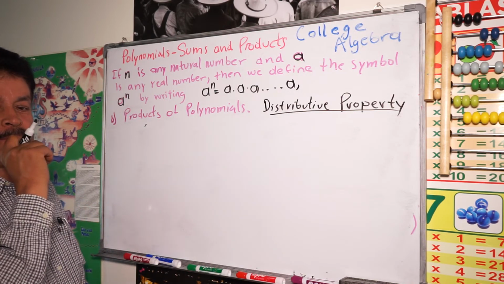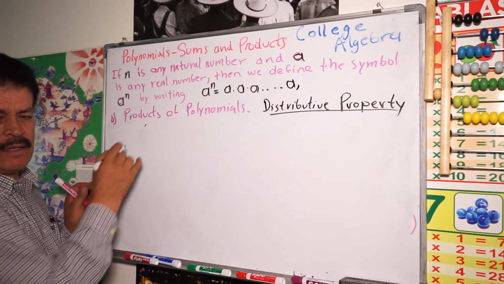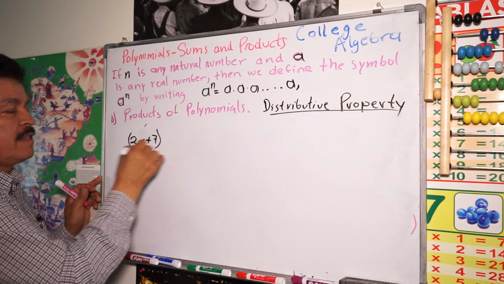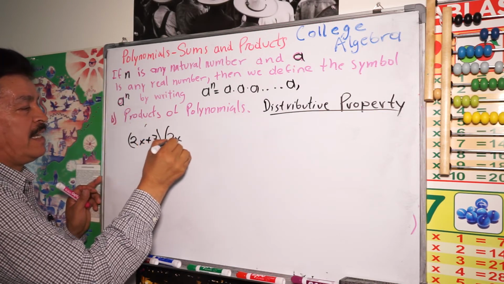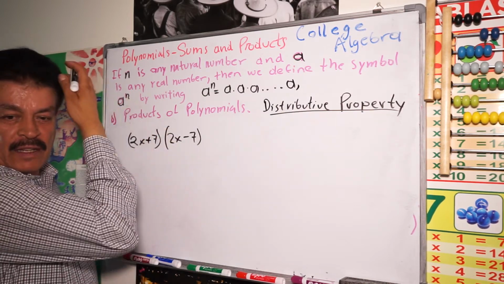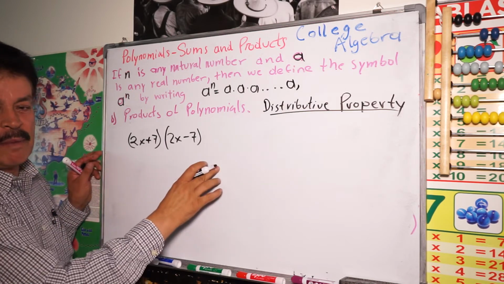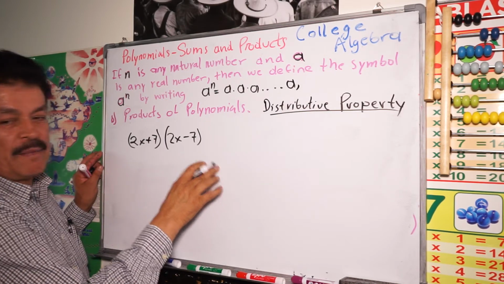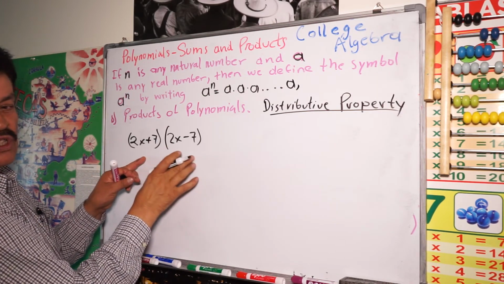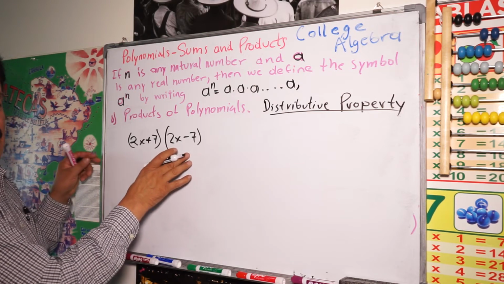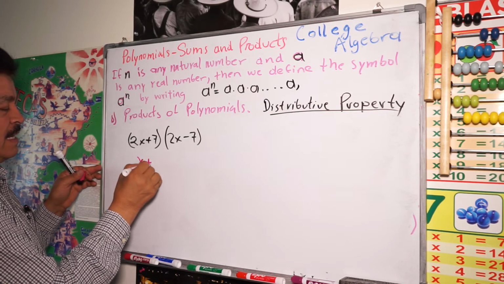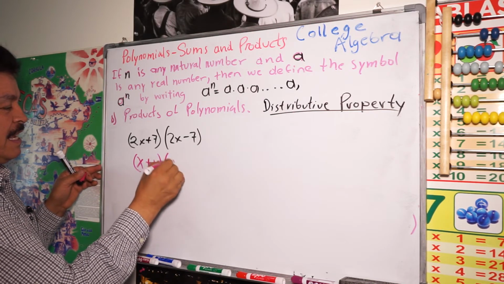You have this problem here, 2x plus 7 times 2x minus 7. What does this mean? You have to remember some kind of rule here. Remember this rule: a difference of squares, right? Like x plus y times x minus y.